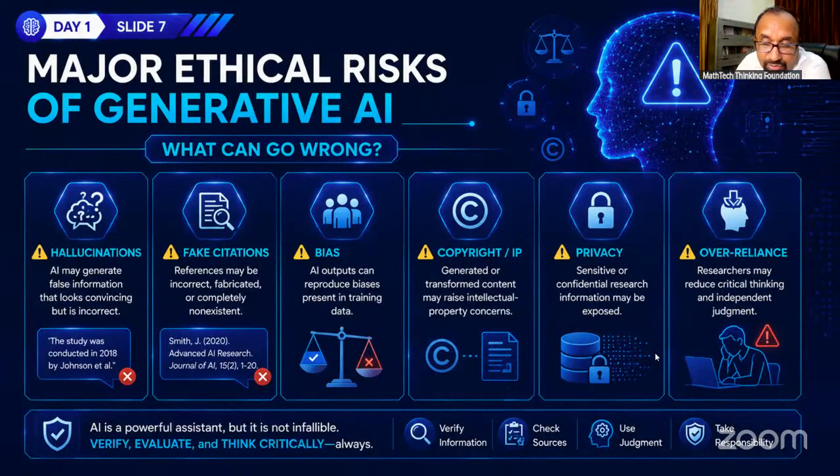As a researcher, our intellectual, critical reasoning, or critical judgment must be our own. We can't completely depend upon these generative AI tools. If you are getting some information, validation and critical study are very important.